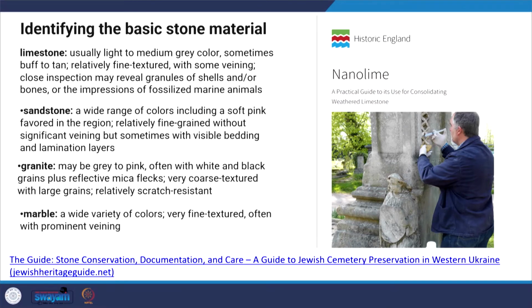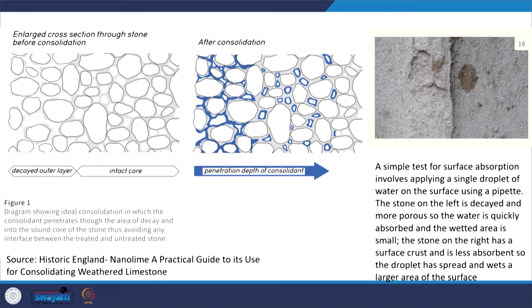There's another document which I would like to refer to, the Historic England nano-lime process, on how we can consolidate weathered limestone. In that document they talk about how the exterior layer decays, and there is a big difference between the decayed outer layer and the intact core.